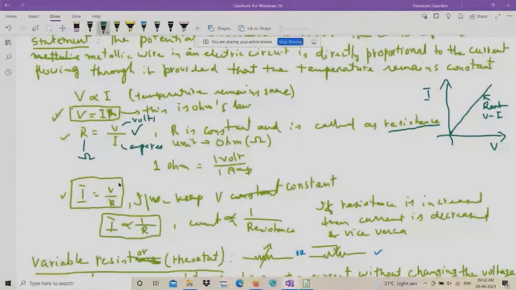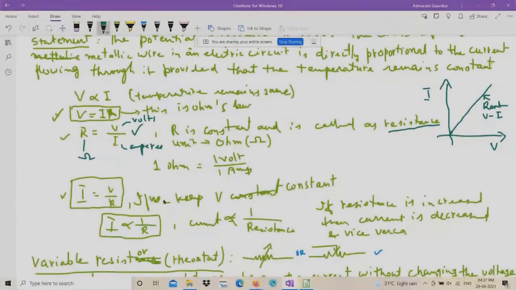And a very important thing you remember: suppose voltage is kept constant and only resistance is changed, because the voltage we get at home is 220 volt and it is always constant, and we change the load, that is the resistance.